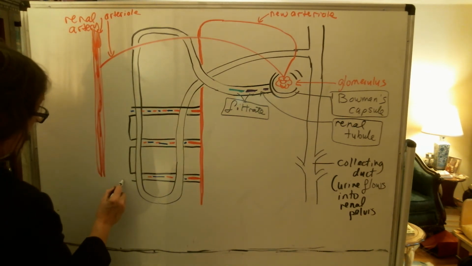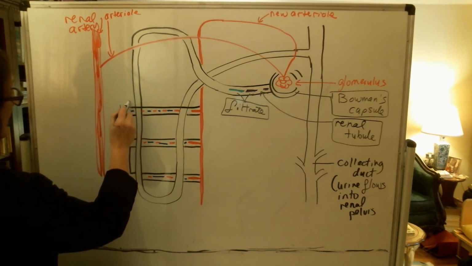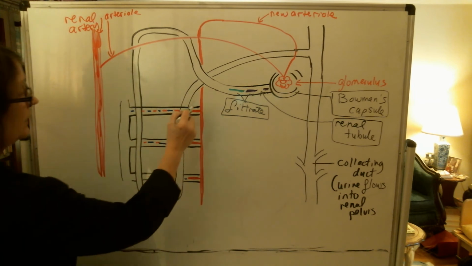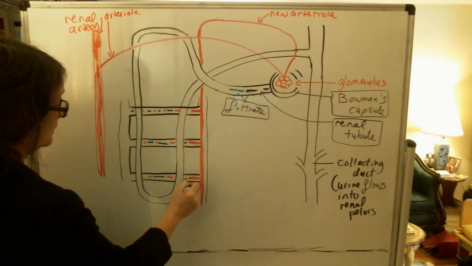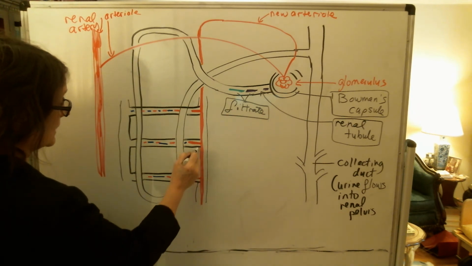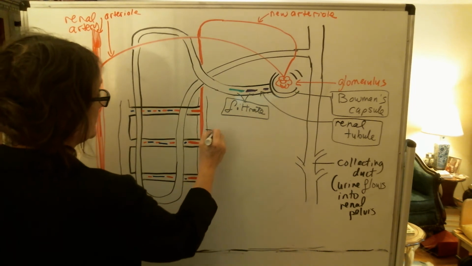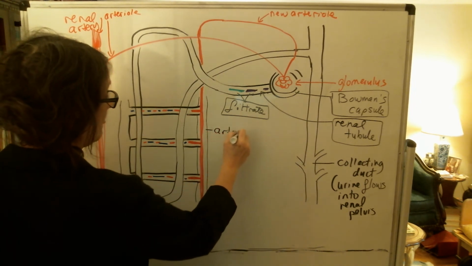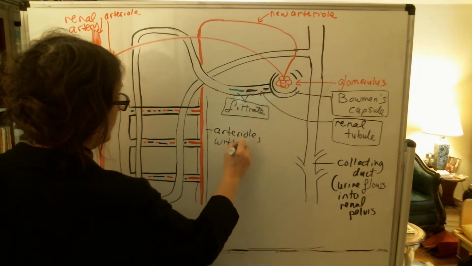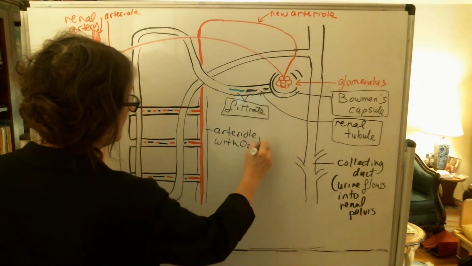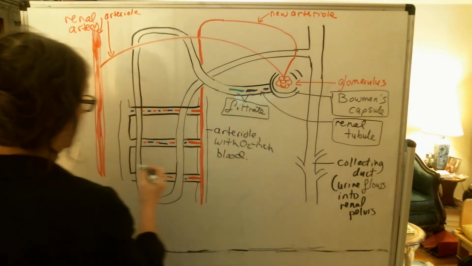And these then flow into a venule. So you had an arteriole here. Okay, so this is an arteriole like this. Arteriole with oxygen-rich blood.